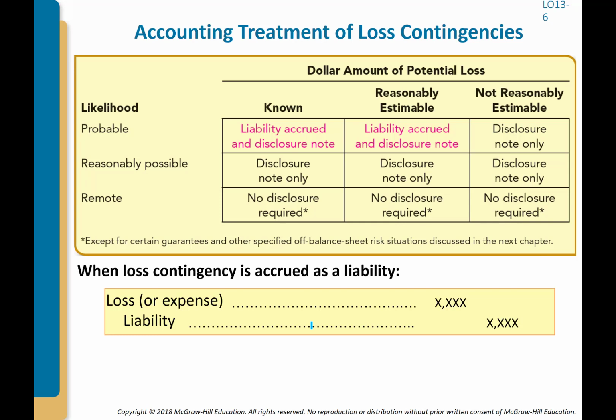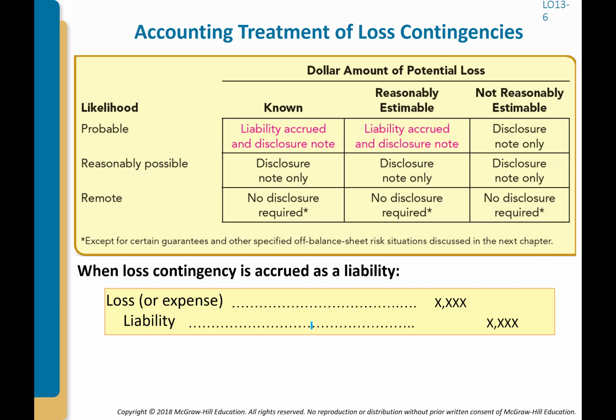I don't need to keep trying to teach the auditing class, but if you were auditing a client and you knew they had outstanding litigation, you would literally ask, and there has to be direct communication between the CPA and the client's attorney, their external attorney or their in-house counsel.